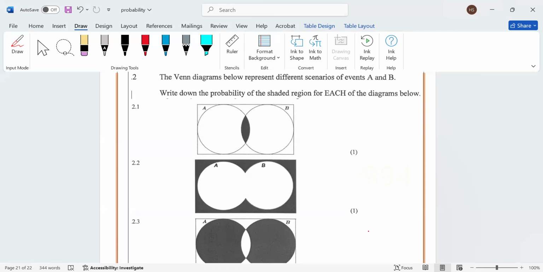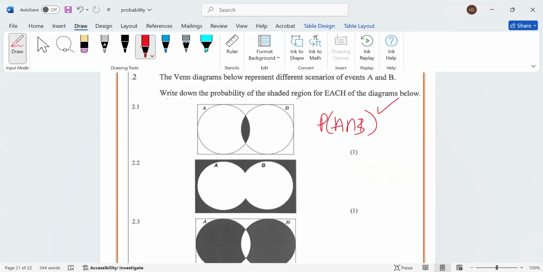It represents the probability of A and B. So for number 1, we have the probability of A and B. Then move to the next. What does 2.2 represent?